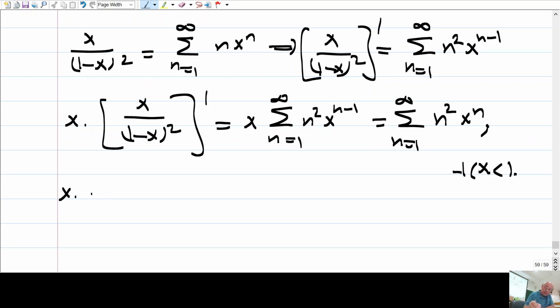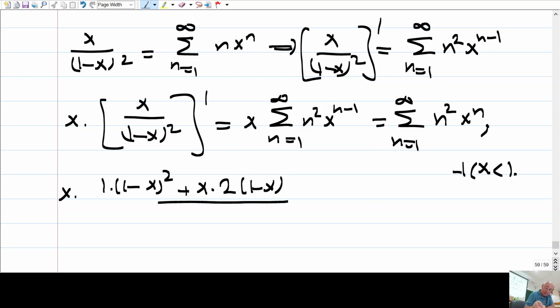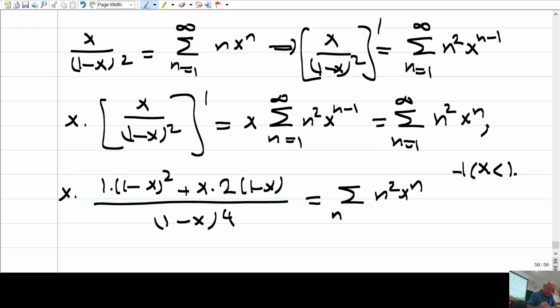This is just x times 1 minus, no, derivative of x, which is just 1 times 1 minus x squared, minus x times derivative of this. It is 2 times 1 minus x, and then derivative of inside, it is just minus 1. And then I have 1 minus x to the power 4. And this is equal to the sum of n squared x to the power n from 1 to infinity.